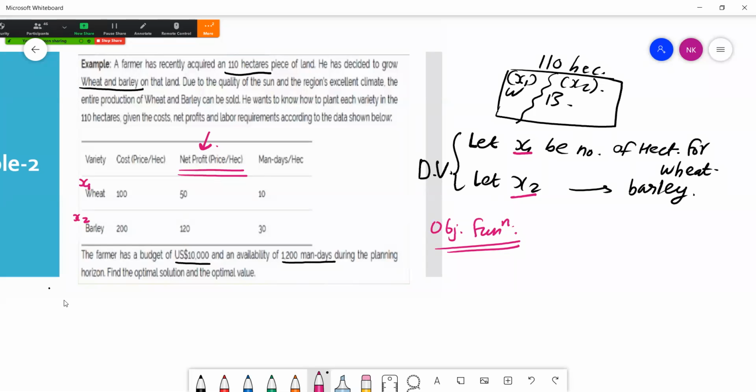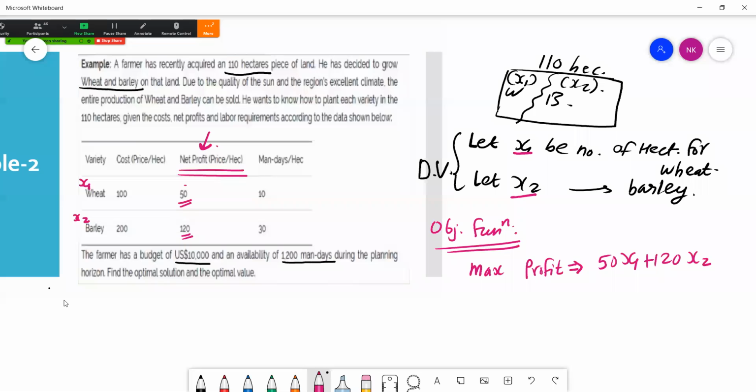Our profit is 50 per hectare for wheat and 120 per hectare for barley. That means we would have the maximization of the profit, and the equation will be 50x1 plus 120x2.